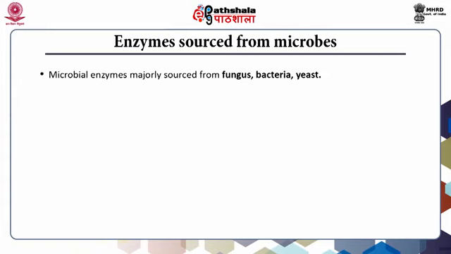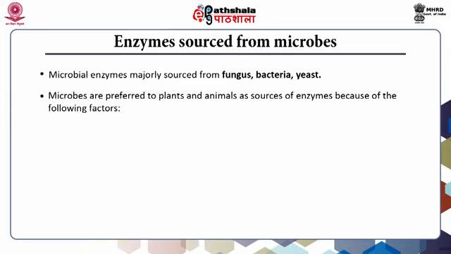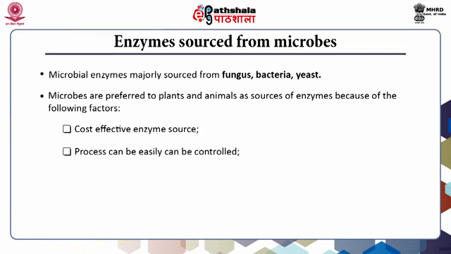They can be sourced from fungus, bacteria, yeast and so on through fermentation. Microbes are preferred to plants and animals as sources of enzyme because of the following factors. They are relatively cheaper to grow and produce, thus acting as a cost-effective enzyme source. The volume of the enzyme to be produced can be controlled.